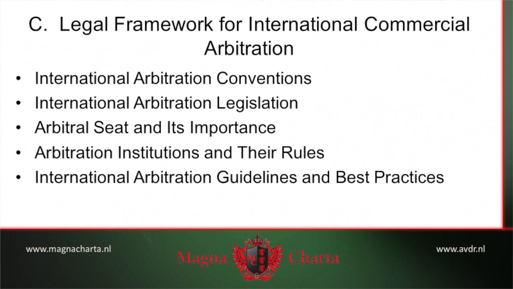Beneath that, we're going to look at the arbitral seat and its importance both under the international arbitration conventions and national arbitration legislation. We're going to look briefly at arbitration institutions and their procedural rules, and how those procedural rules play an important role in structuring and creating the legal framework for international commercial arbitration.